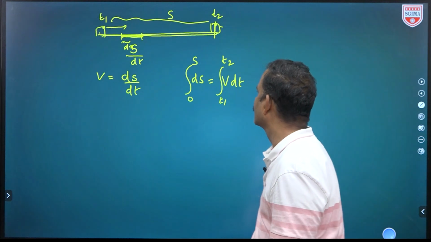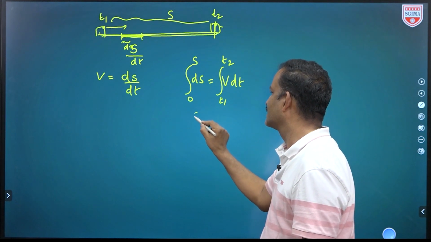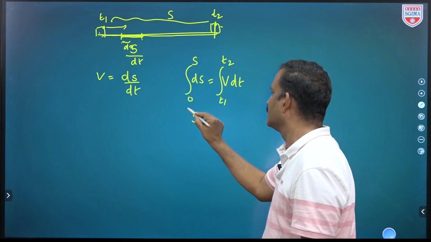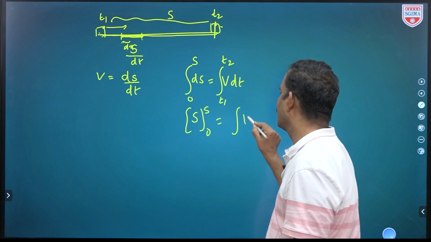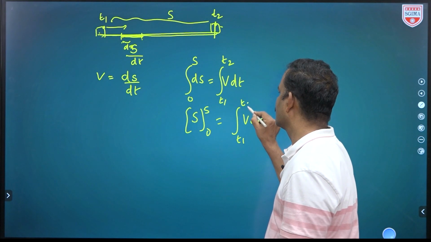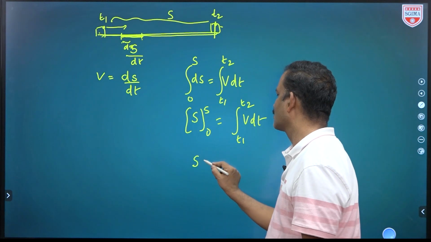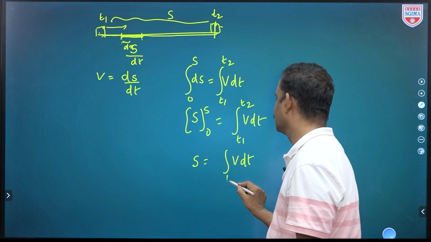Then integral of ds is s. Integration limits 0 to s is equal to integral of v dt, and the integration limits are t1 to t2. Then s, the displacement, is equal to integral of v dt.